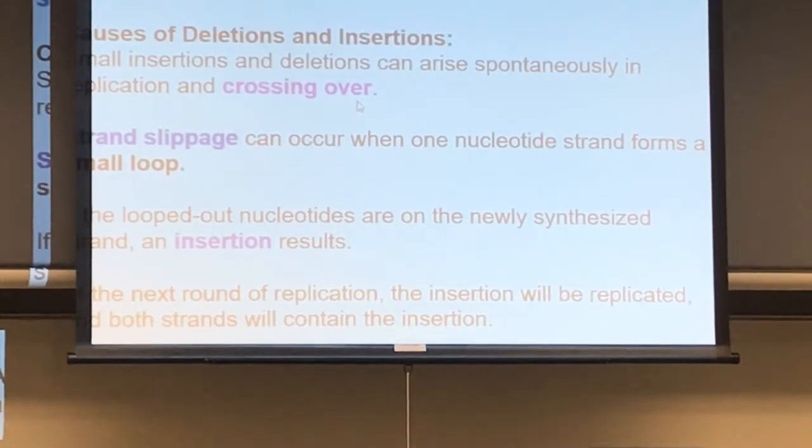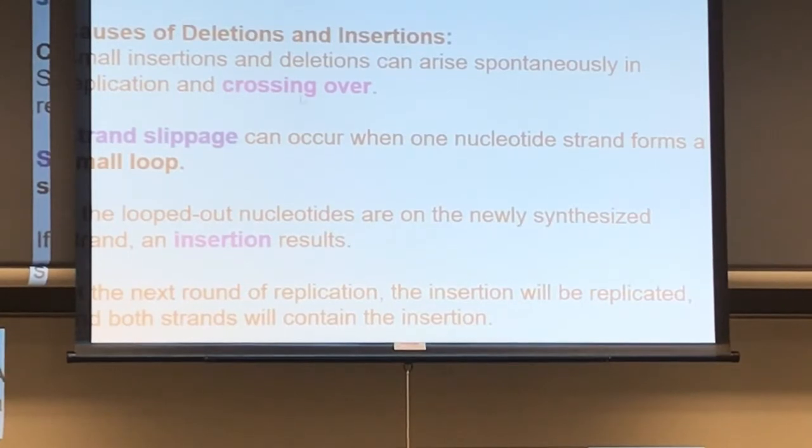In meiosis, there is exchange of genetic material between homologous chromosomes. Any error in crossing over, if the genes are not properly crossed over from one chromosome to the other, could lead to spontaneous mutations. That is classified under spontaneous mutations.